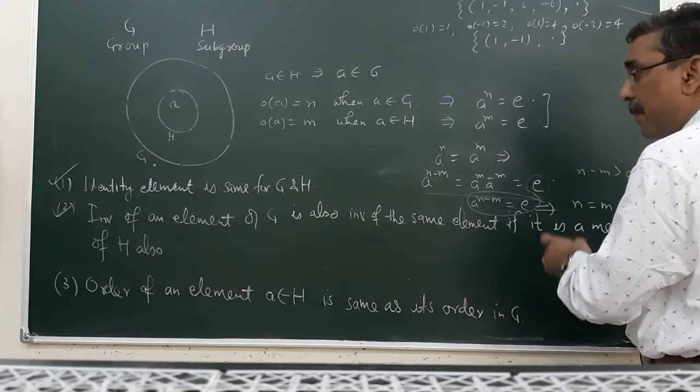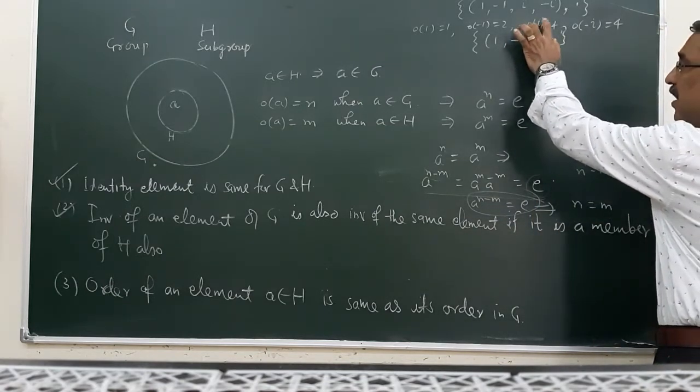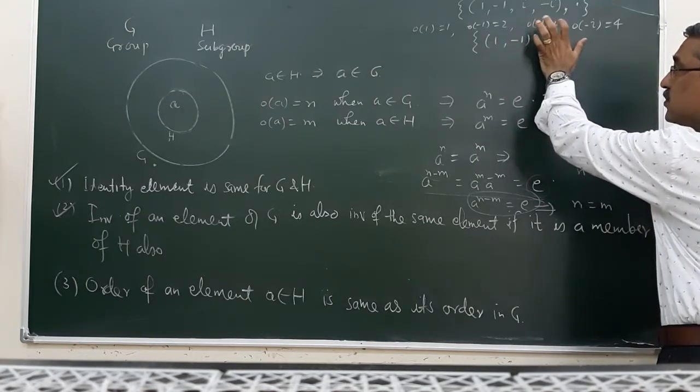Means for a proper subgroup, if it possesses this element, then its order is 4.